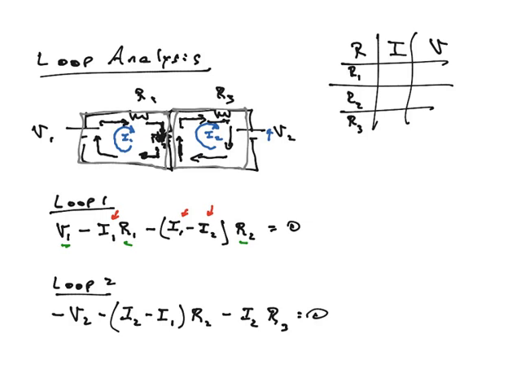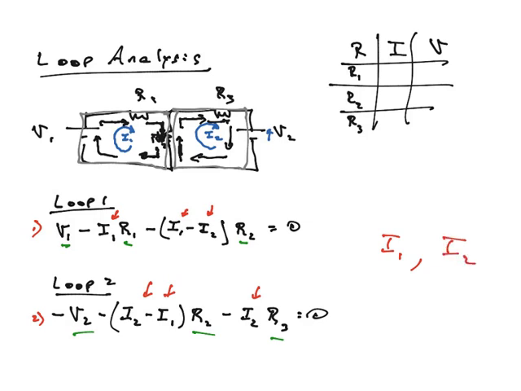Then I continue, get back to the voltage source, my complete loop. And so again, what do I know? I know V2, I know R2, I know R3. I don't know I2, and I don't know I1. Two unknowns, but now two equations, two unknowns. So now I just use my algebra techniques, whatever algebra I want to do, to calculate my I1 and I2.